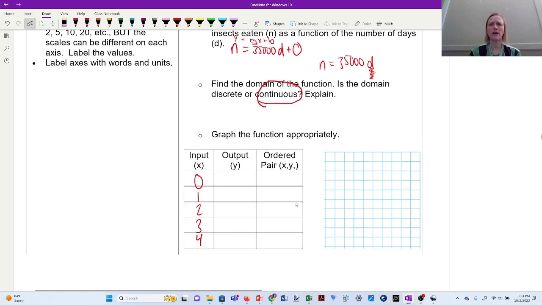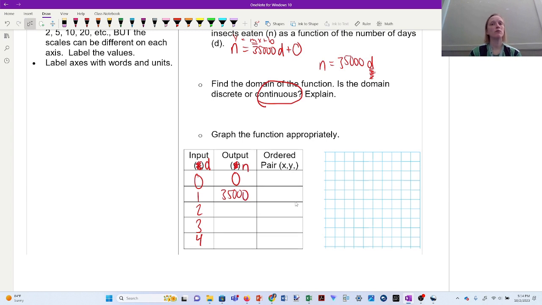And what output values do we get when we plug these in? Well, if we plug 0 in for D, 35,000 times 0 is just 0. If we plug 1 in for D, and in fact, it would be more appropriate for me to write D here and N here. Okay. Plug 1 in, 1 times 35,000 is 35,000.